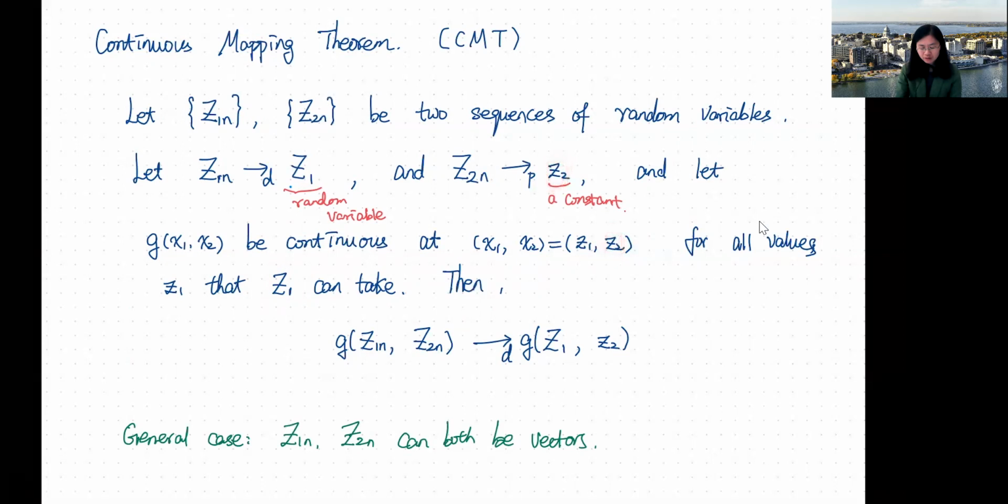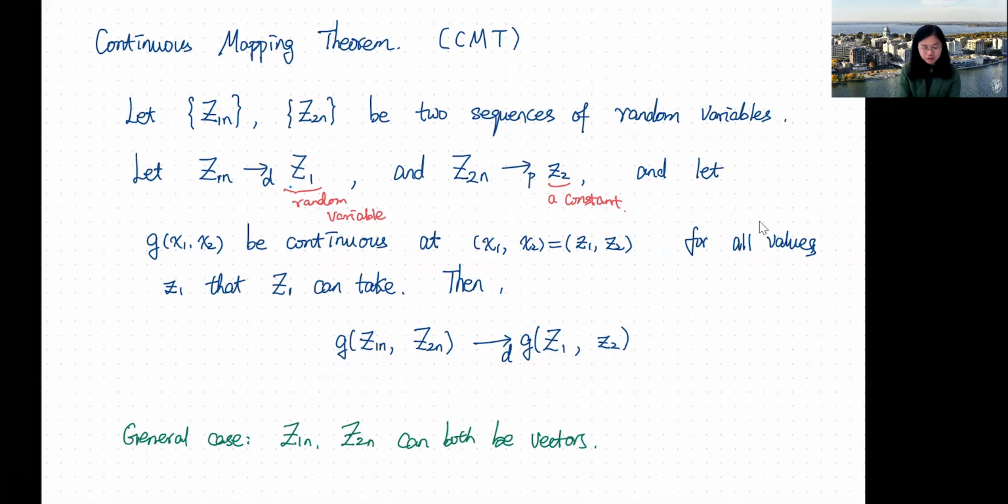So z2 doesn't have to be any other value. You only need to consider this value. If the g function is continuous at such points, then g of Z1n and Z2n converges in distribution to g of Z1 and little z2.